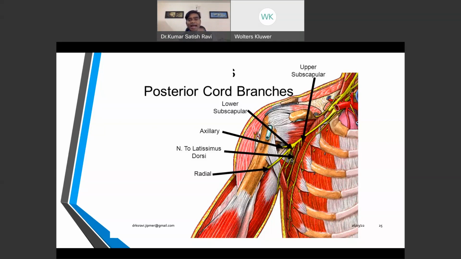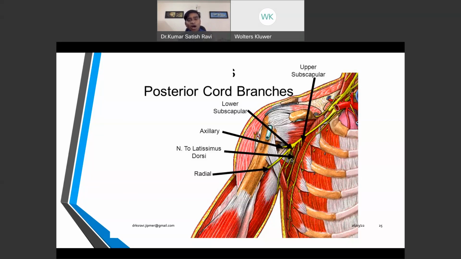Hope I am clear. I said all the branches from the lateral cord of the brachial plexus will have root value C5, C6, and C7. Then all the branches from the medial cord will have root value C8 and T1, except the ulnar nerve, where the additional terminal fibers of C7 are there, so the root value of the ulnar nerve becomes C7, C8, and T1.